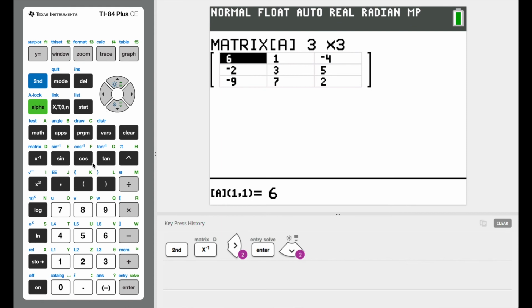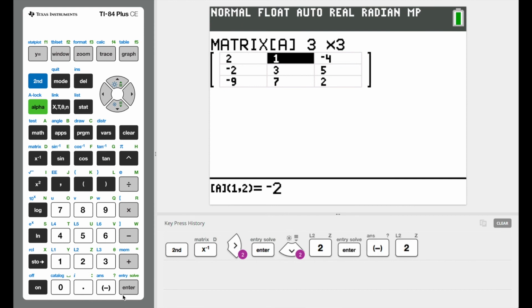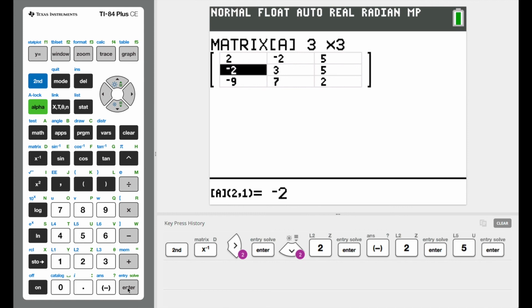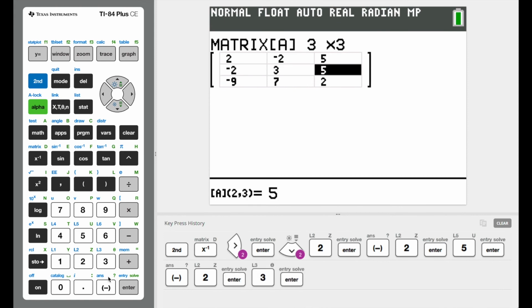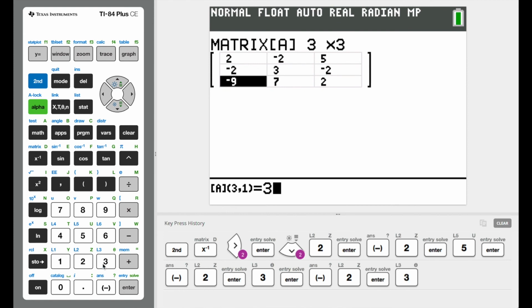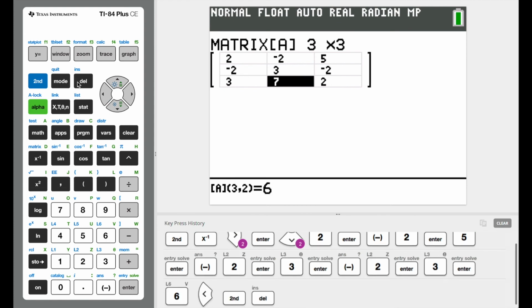The matrix I want to put in here is 2, negative 2, 5, then negative 2, 3, negative 2, 3, 6, oh, not 6, negative 6, so I'm going to do that, negative 4.